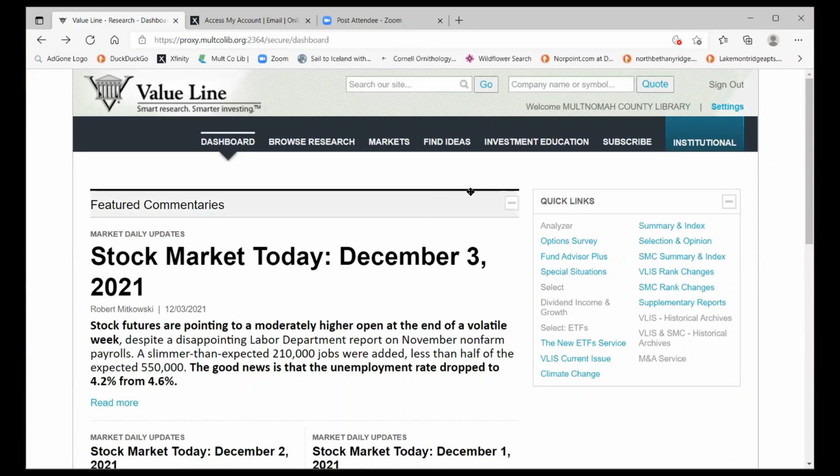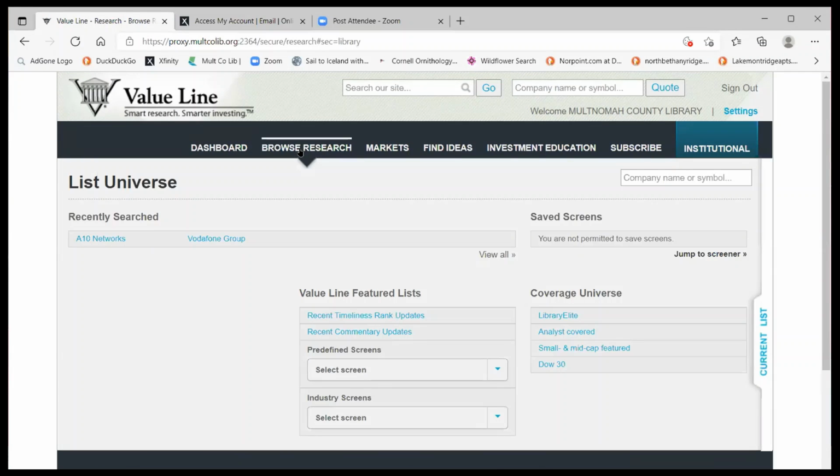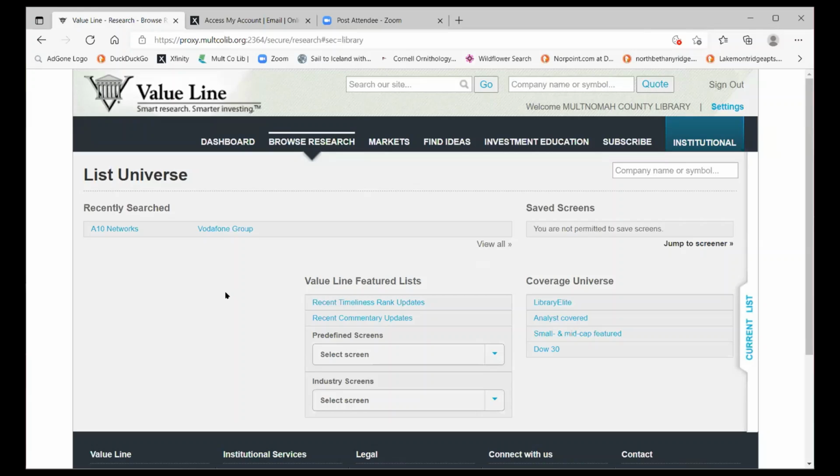So when I'm done with what I've just gone through, I go to the browse research, and you'll notice this is kind of the default page that comes up. I think I told you that when you see this page, it doesn't want to talk to you. It sends you here because this is everything. This is the universe. So it doesn't really send you anything.